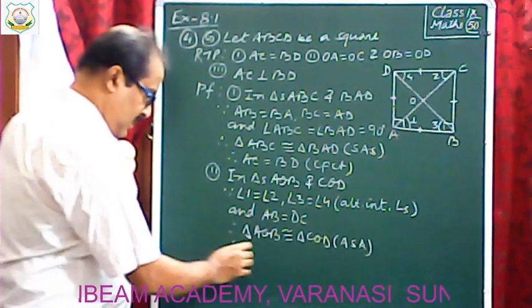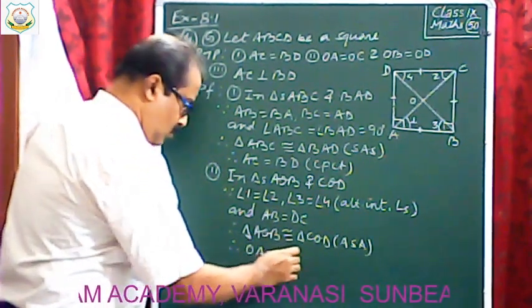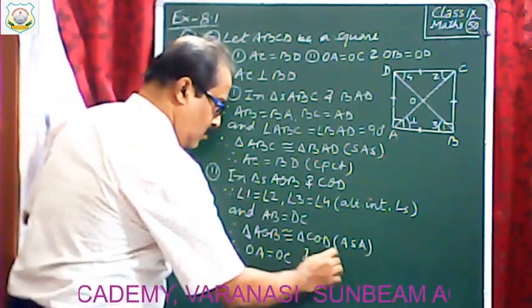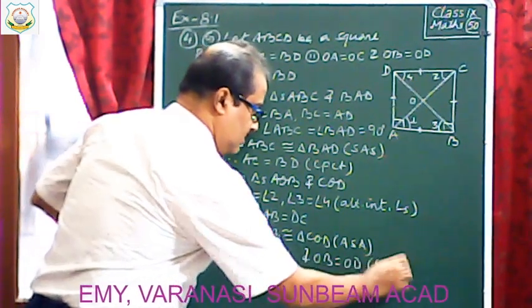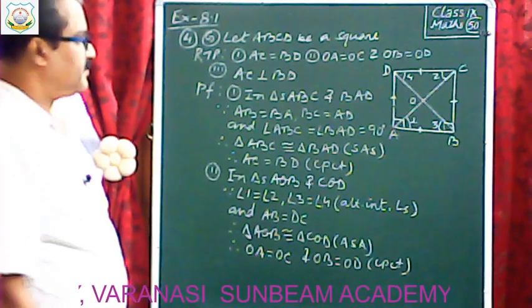So therefore we can say that OA equal to OC and OB equal to OD by CPCT, means diagonals bisect each other.